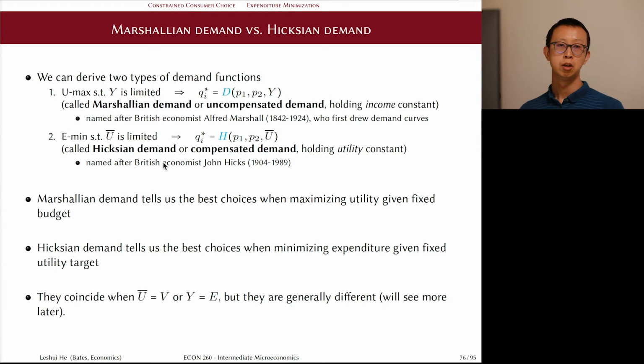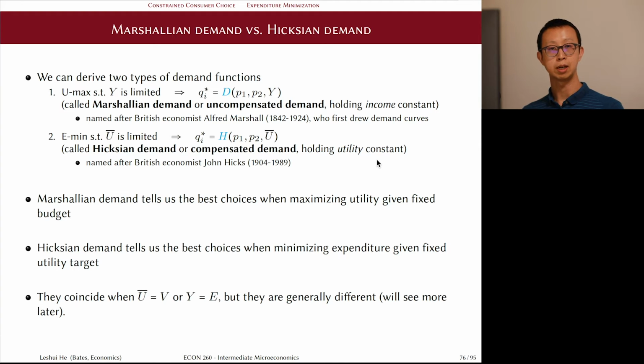On the other hand, from the expenditure minimization problem, where we have to reach a fixed level of utility, the derived demand functions are chosen to minimize the expenditure level given the prices and this target utility level. Therefore, they're functions of prices and this target utility level u bar. We call this type of demand function the Hicksian demand or compensated demand, where we guarantee a level of utility, but the expenditure is somewhat flexible.